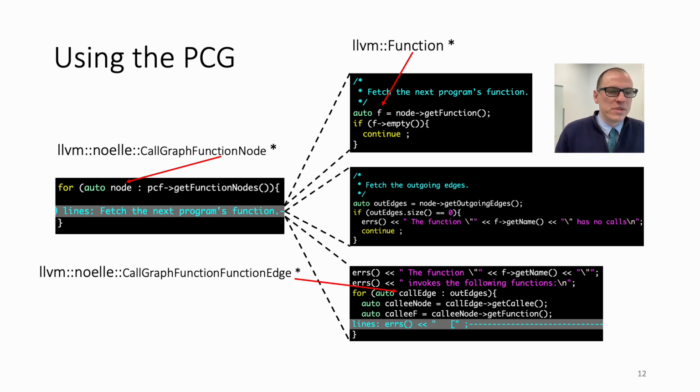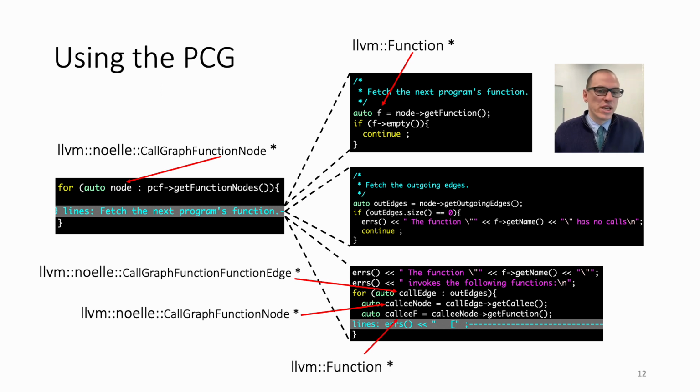Now, from this edge, you can retrieve the destination of the edge with the API get callee. And now you have a node of the PCG that represents a function that can be invoked from the function represented by the object node.